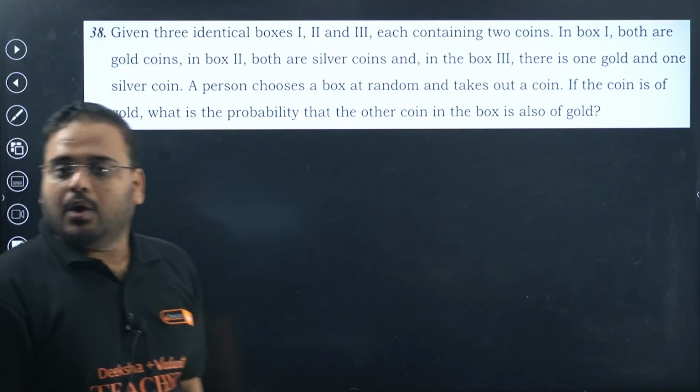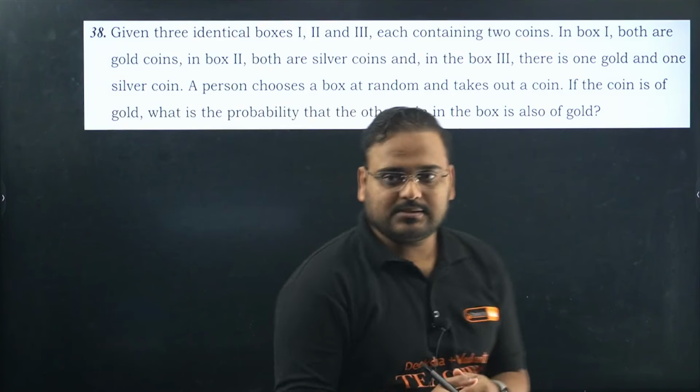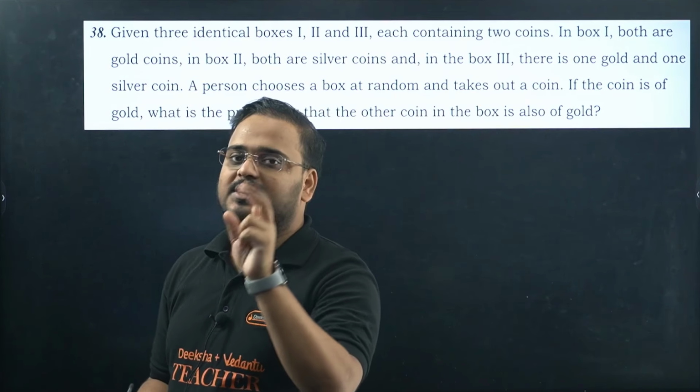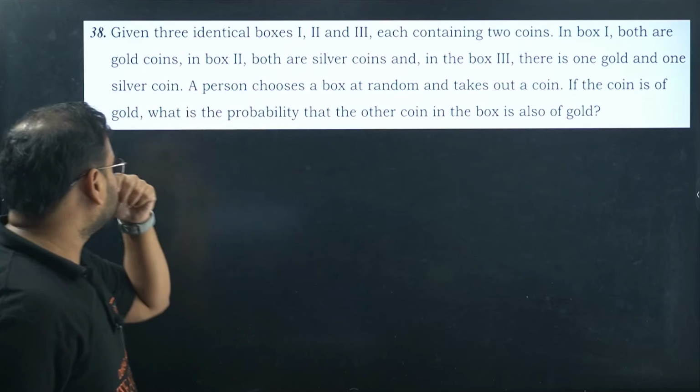Next. Okay, given 3 identical boxes, 1, 2, 3, each containing 2 coins, means there are 3 boxes and each box has 2 coins, in total 6 coins. Okay, and in box 1 both are gold.